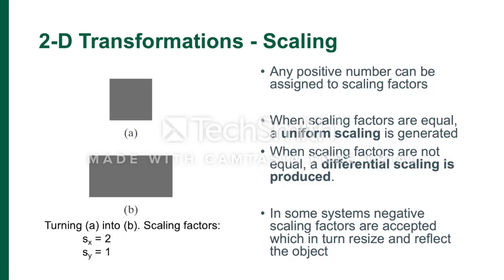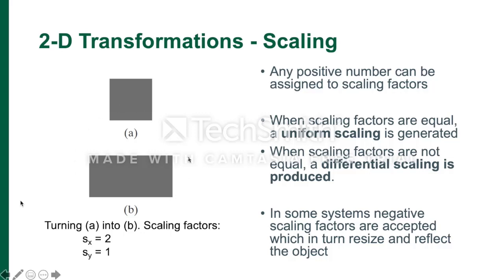When the scaling factors are equal, a uniform scaling is generated. When the scaling factors are not equal, a differential scaling is produced. In some cases, some systems accept negative scaling factors, which in turn will resize and reflect the object.